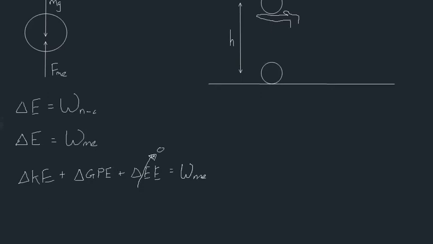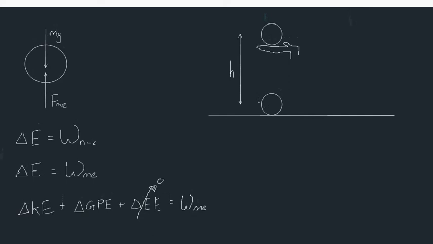Now we need to expand this side out. What's our change in kinetic energy? Under the assumption that I've lifted this ball up from rest and I leave it hovering on my hand at rest, that means at our final velocity we have v2 equal to 0, and v1 is equal to 0.